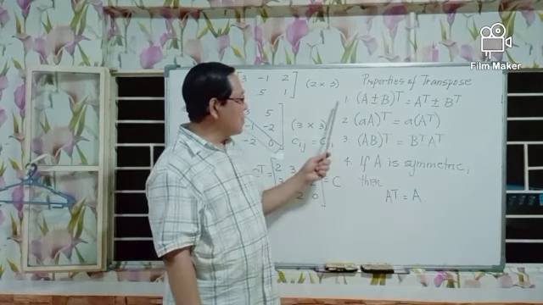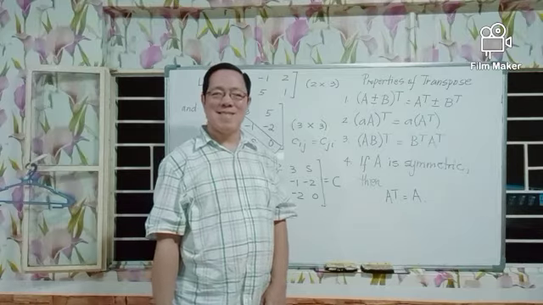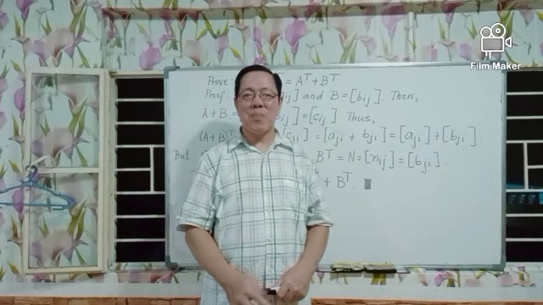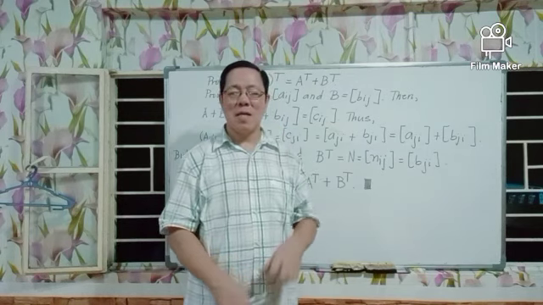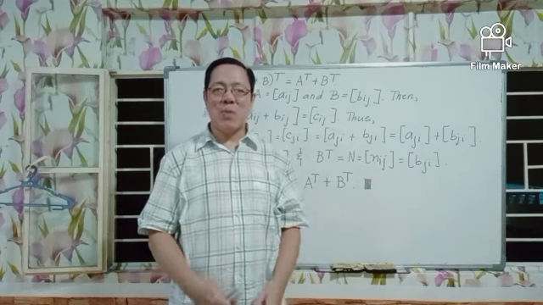We now prove the first property of matrix transpose. We now prove that the transpose of a sum of two matrices is equal to the sum of the transposes of the two matrices.